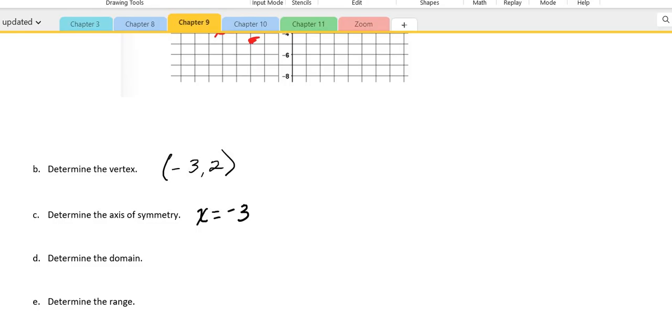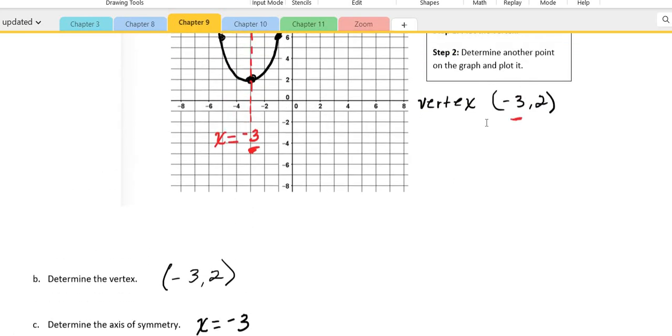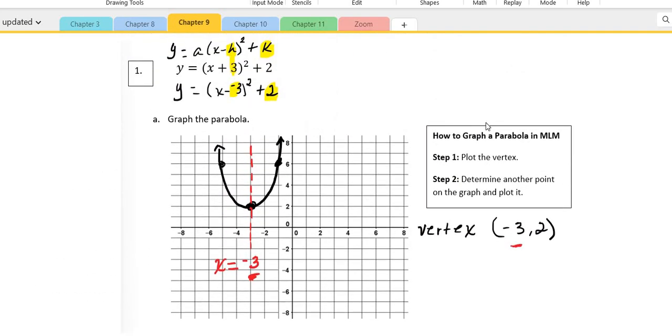The next thing I'm asked to do is to determine the domain, and there's actually a couple of different ways that I could go about figuring this out. I could look at the equation itself and figure out where is my equation defined. Well, I know that with this equation, any real number I put into my equation is going to give me out a real number.